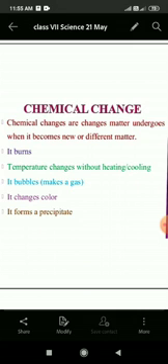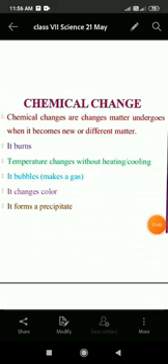Some examples are burning of substances in air, ripening of fruits, rusting of iron, charring of sugar, digestion of food, and reaction of acid with substances.